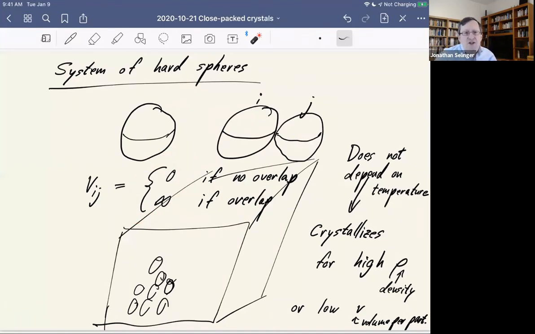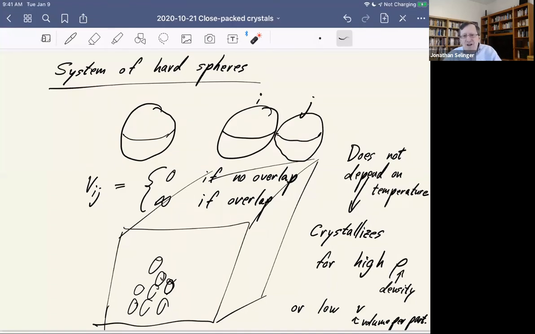So that means that whenever you have a Boltzmann factor, that's like e to the minus energy over kT, right? Either you have e to the minus 0 over kT, or you have e to the minus infinity over kT. And so those factors are either 0 or 1, and they don't depend on temperature, right?